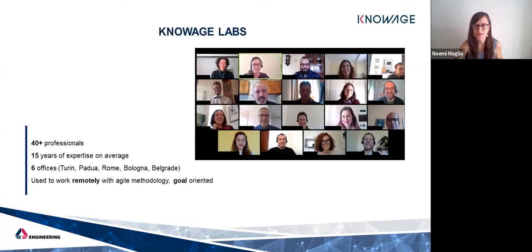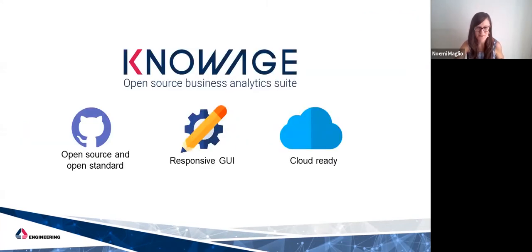As you can see, this is one of the best pictures that we have of the team. We are basically 2 different teams. One team, in which Isabella works, is managing and following all the customers who are using our product and who are running their projects on big data, on data analytics, and so on. The other one is in charge of the development of the software.